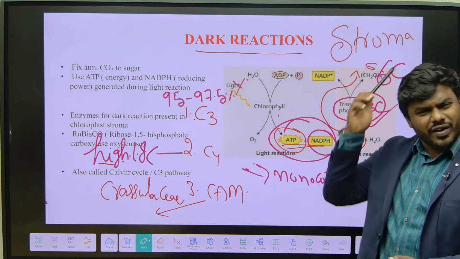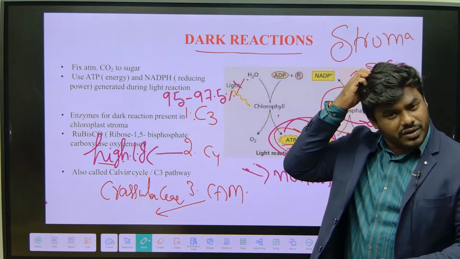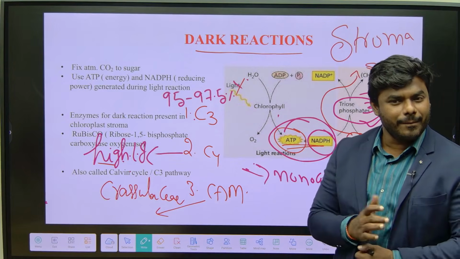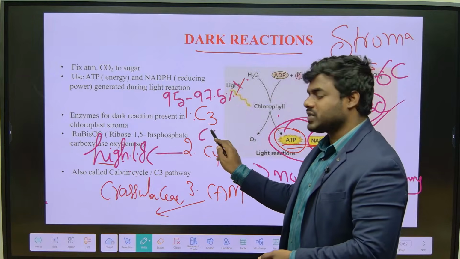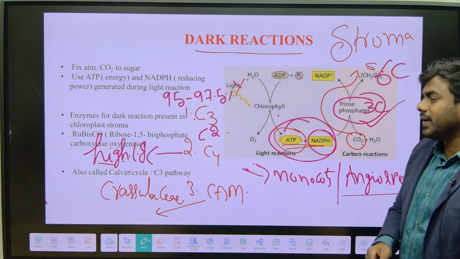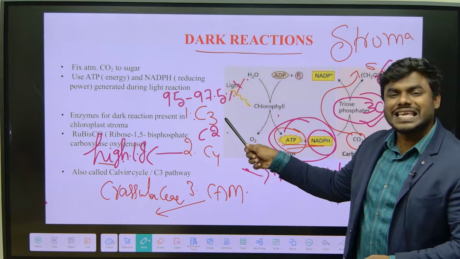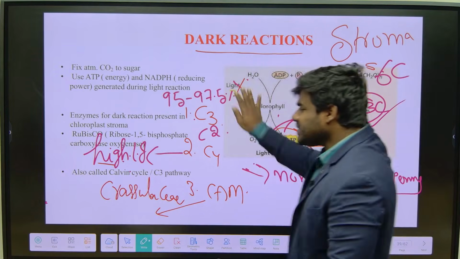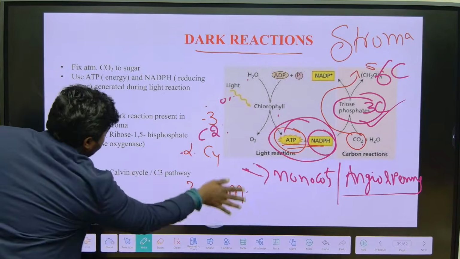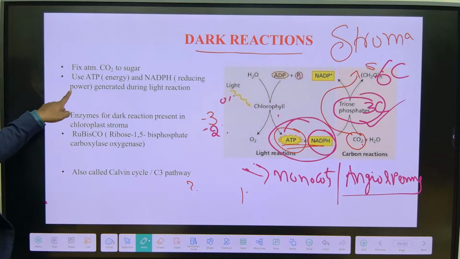Everyone wrote the 2025 June exam, no? The question came from which cycle? The question came from the C2 cycle, correct? Which is a part of the C3 cycle only. We are going to read this. Now all of you understand the point very correctly here. What's the ultimate goal?